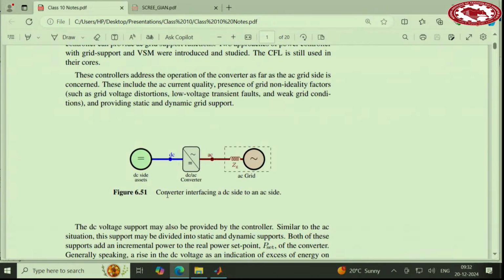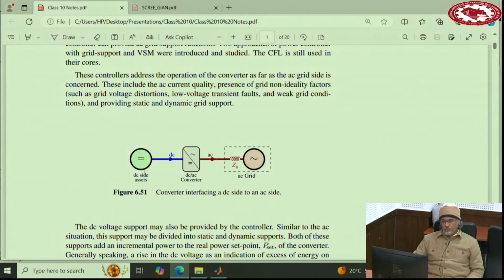So we would like the control system also to control the voltage on this side or to provide support to this side, because there could be other entities connected to this terminal and they all benefit from the voltage at this terminal. And we would like the converter to support the voltage on that side as well.